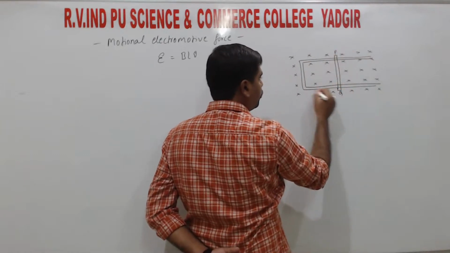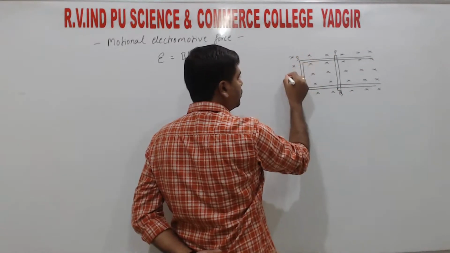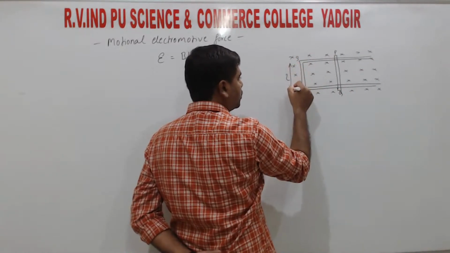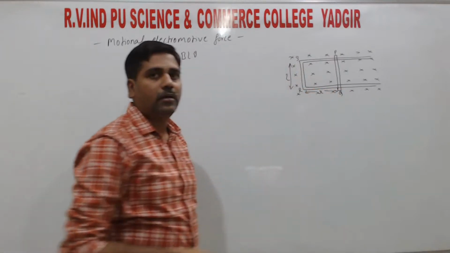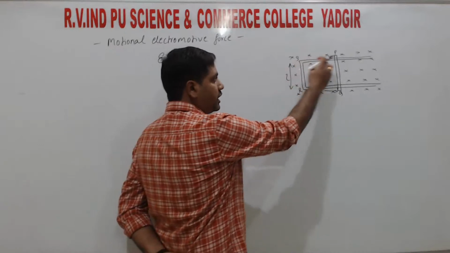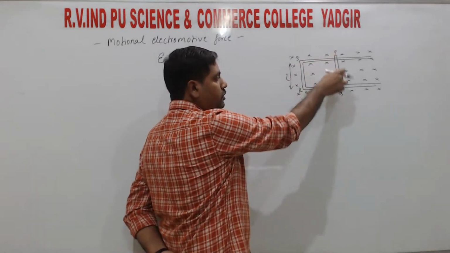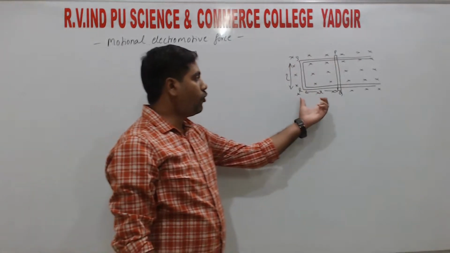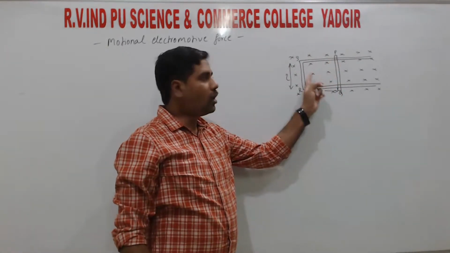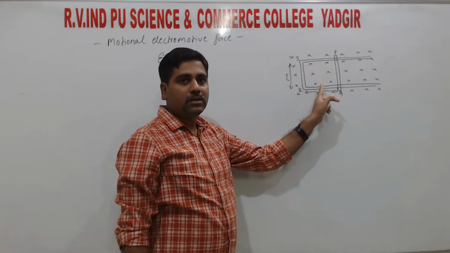PQ, L is the length of the conductor and X is the breadth of the conductor, right? In this rectangular loop, we have four arms, that is PQ, QR, RS and SP. Out of all the four arms, one is a movable arm and the other three arms remain stationary, right?